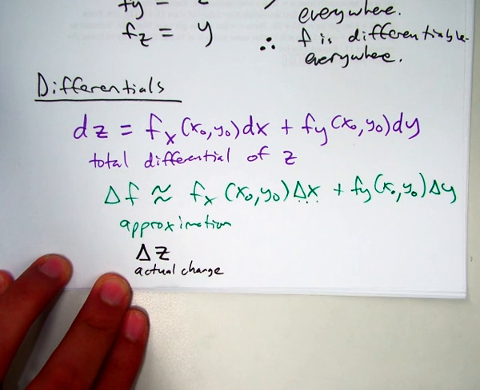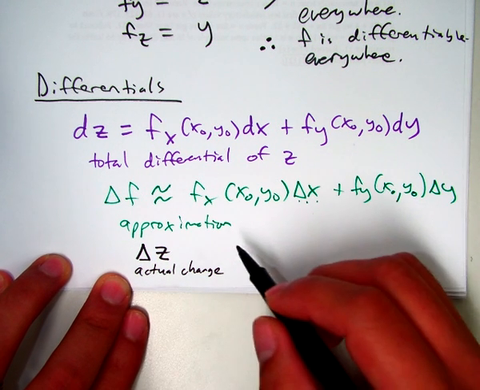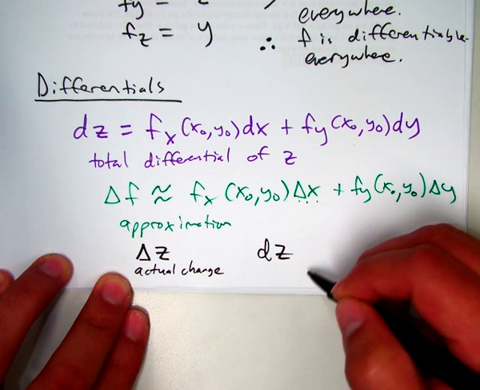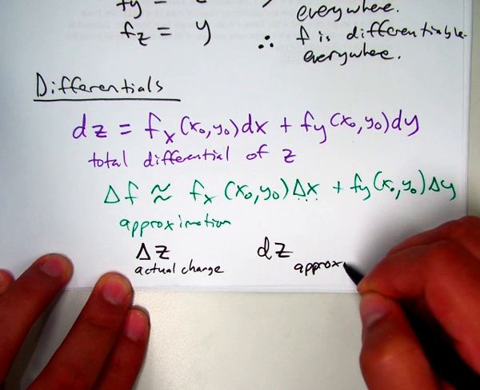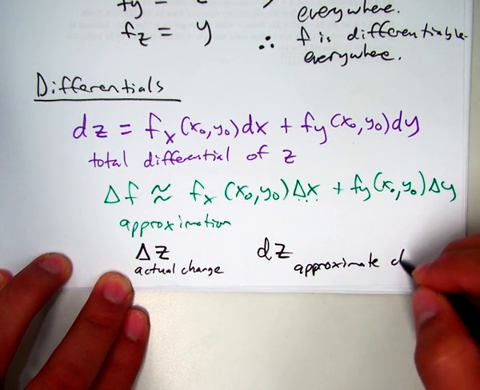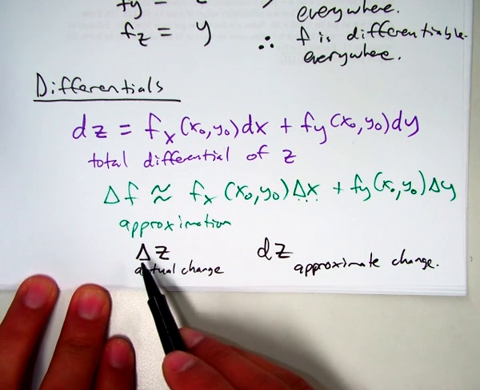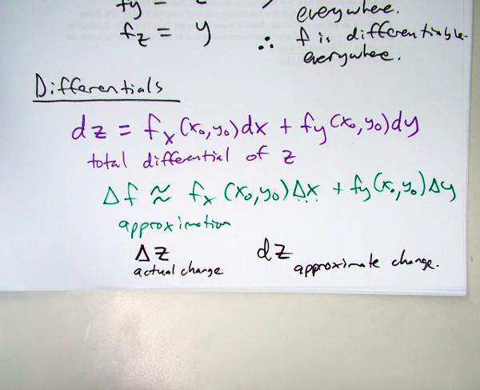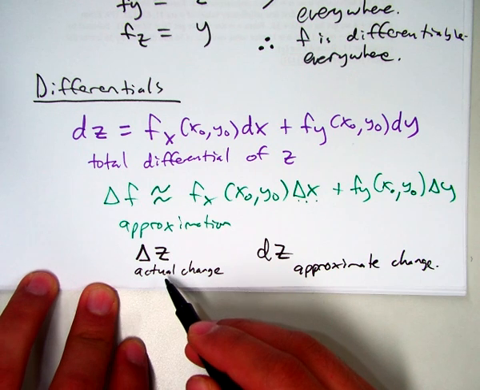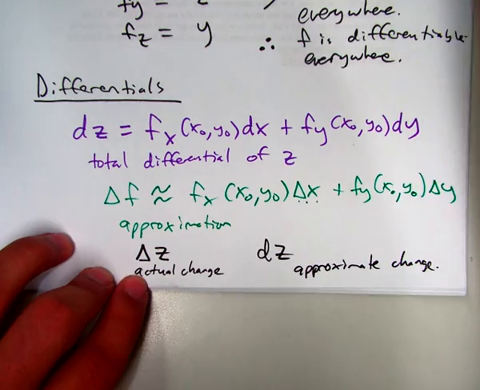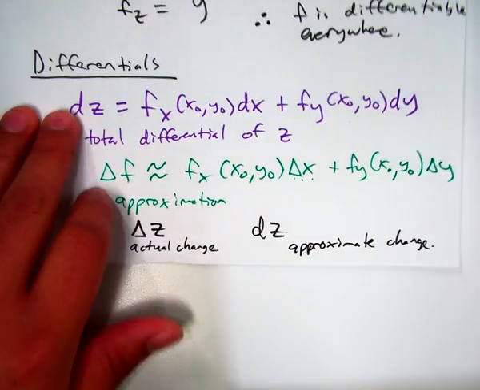However, we can use the total differential, so like dz will help us approximate the real change. When we do an example, this will get cleared up. When we use the notation delta z, that actually means, if you think of a three-dimensional function, the changes in height at a specific point. And then this formula here will help us approximate what that change looks like. Okay?